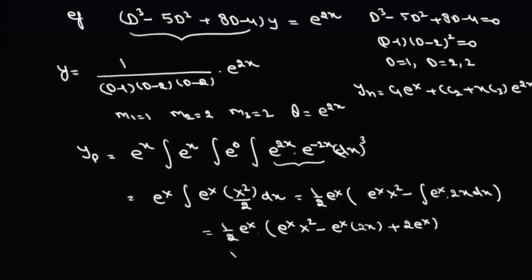So we'll take e to the power x out, so it will be 1 by 2 e to the power 2x, x square minus 2x plus 2, and that's your yp.